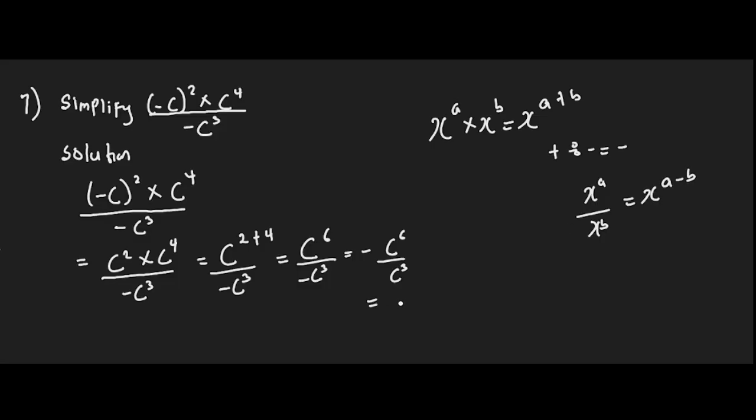Here we are going to have c^(6-3), which gives c^3. We have the minus sign. So simplifying (-c)^2 times c^4 over -c^3 is going to give us -c^3.